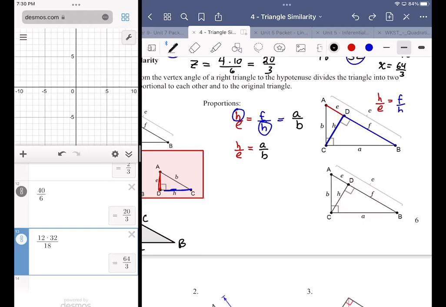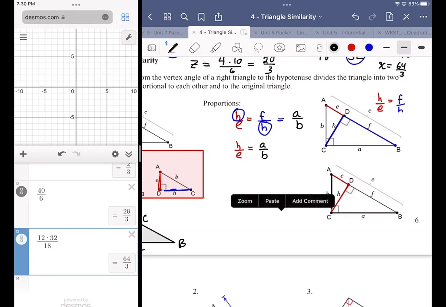So H over E again, and then we'd have A over B. Trying to figure out how to get that without coloring it in. Okay, better, not good. So that's something that we could say.